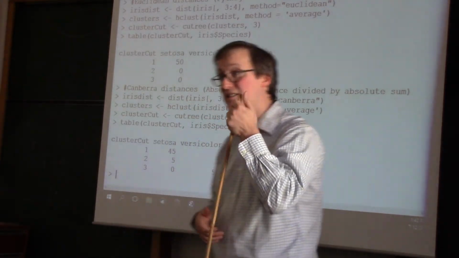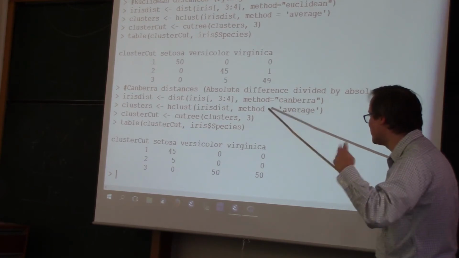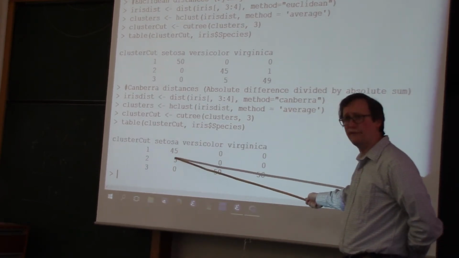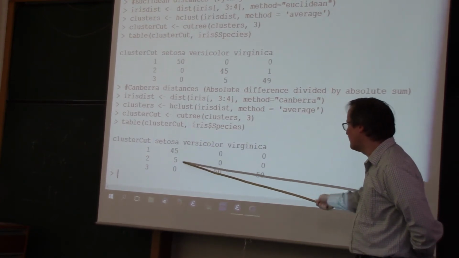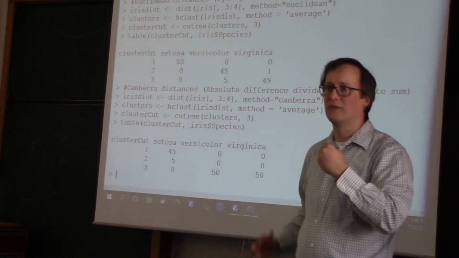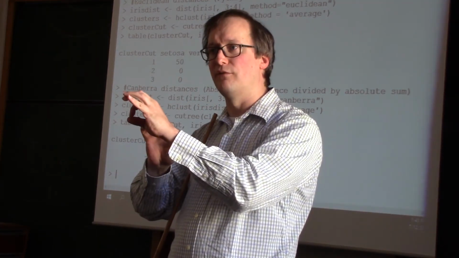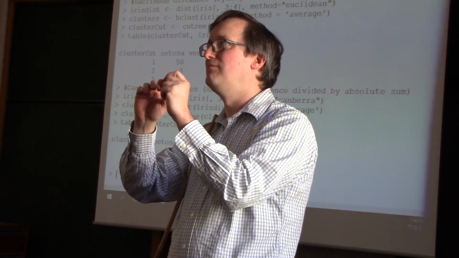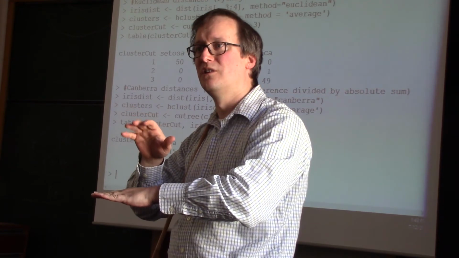So in this case, when we throw in Canberra as a distance metric, we see that suddenly Setosa, for the first time, is getting chopped into two sets, the 45 and the 5, whereas versicolor and virginica are being thrown together. The reason for this is that there are 5 different members of Setosa that have substantially smaller petals than do the others.